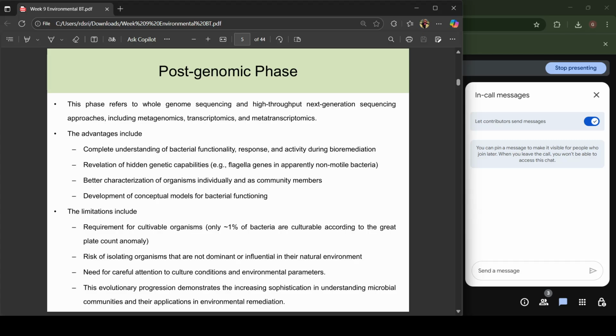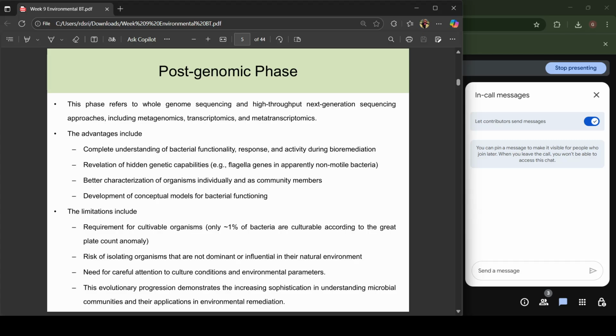Another advantage is that it also tells us about the hidden genetic capabilities. So genetic capabilities means the genes are not expressed. So if they are not expressed, we cannot find it out visually. For example, as it is given here, flagella genes in apparently non-motile bacteria. So a bacteria can be non-motile, which is not movable.